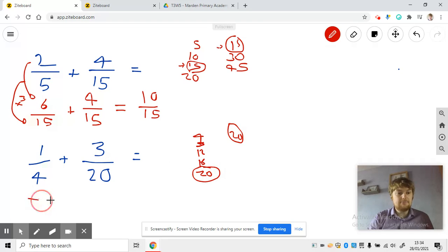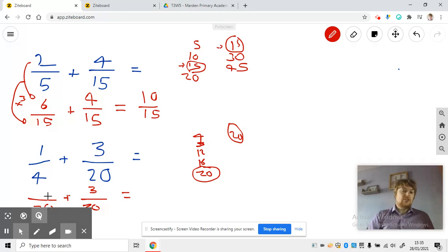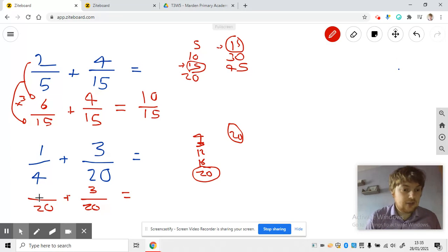So we can make both our new fractions as 20ths, but as with the first example, you can see our second fraction was already in 20ths and therefore remains in 20ths. It's just this fraction over here that we need to figure out. So what do we do to our 4 to get to 20?